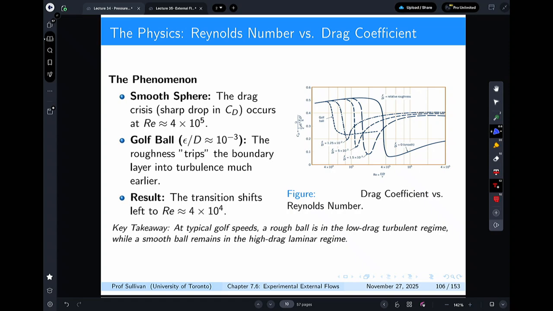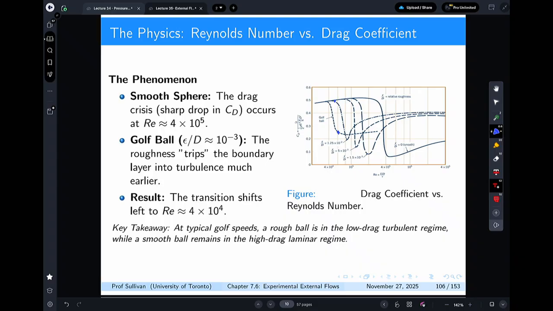And so you can see that each of those lines corresponds to smooth for the solid line and then roughened for various types of spheres. The golf ball is right here. So you can see that there's a significant drop in the total C sub D for a particular Reynolds number.